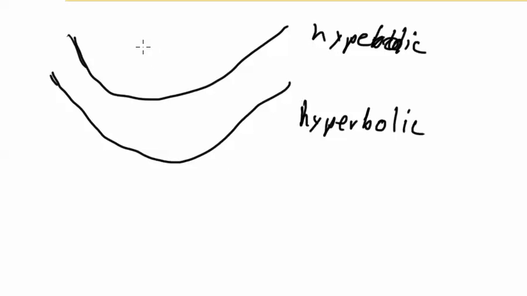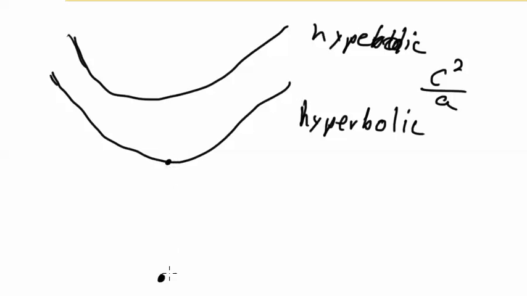Are these going to be two hyperbolic paths with the same acceleration and the same radius, c squared over a, or will they have the same point of origin?